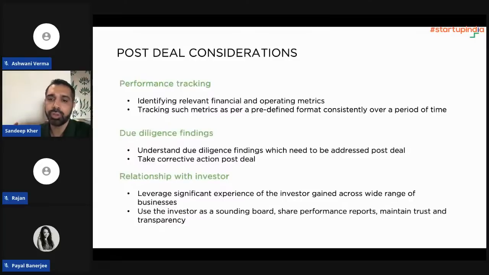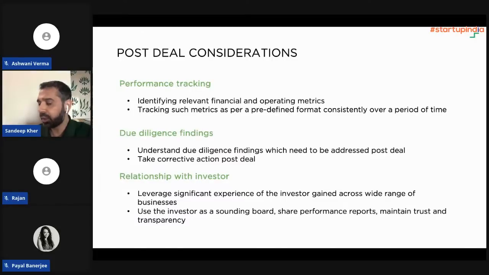Given that vantage point, it's important to start embracing them as partners, as sounding boards who can help you navigate situations, can open doors for you by connecting with people, and also help you build that team and get to a level of trust sooner rather than later in terms of how to run the business together.